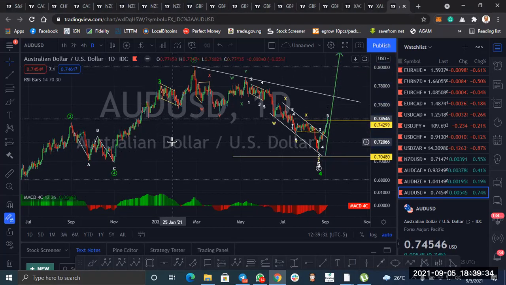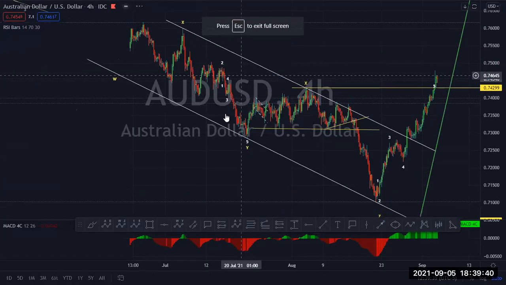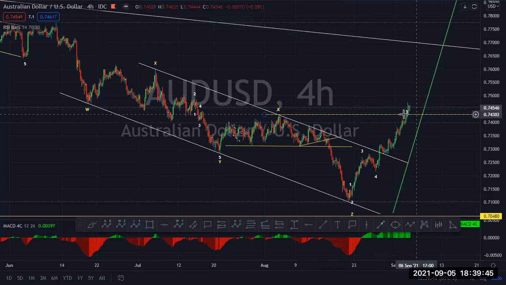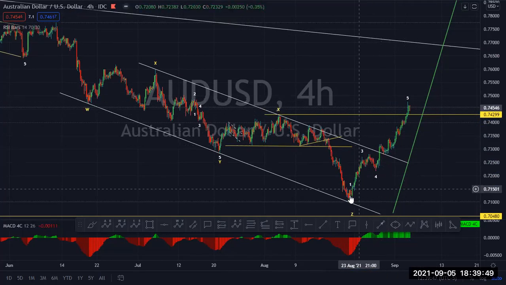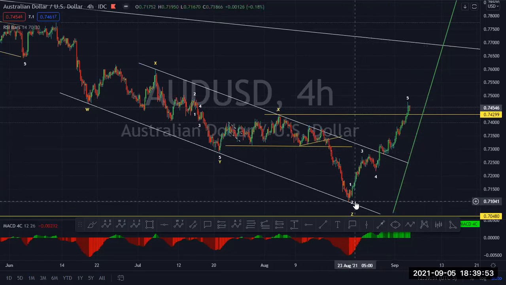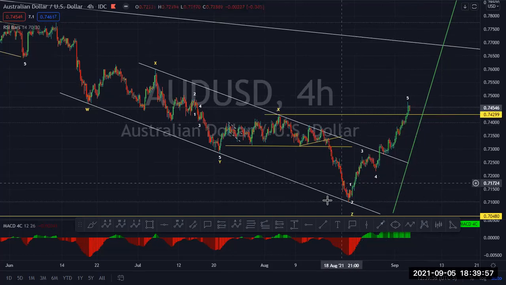So the next thing to do is go to 4 hours and look for your entry. As a matter of fact, this is considered 1, 2, 3, 4, 5, or this can be, and of course, one of a bigger move. So this is what I think will happen.